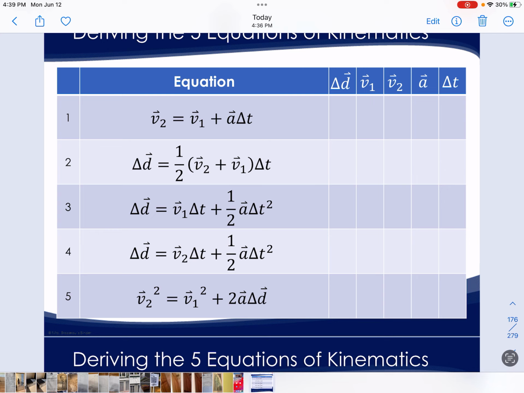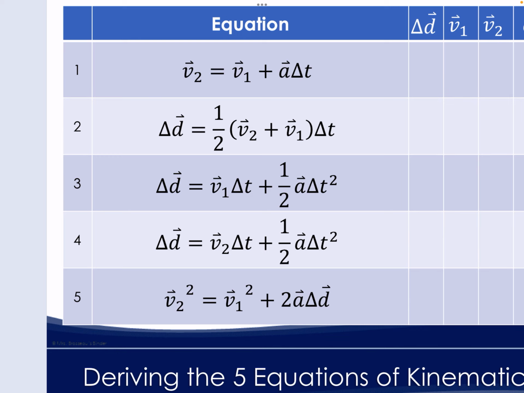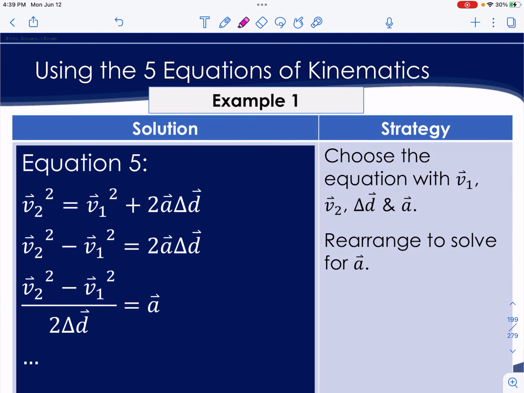Equation 2 has delta T, and we don't have, nor do we need delta T, so that's not one that we want because we're looking for acceleration. Again, 3 has delta T, so we can basically eliminate 1, 2, 3, and 4 because all of those have delta T, and we don't have delta T, nor are we looking for delta T. So we're going to go to the 5th equation. V2 squared is equal to V1 squared plus 2A delta D. So if we go back to Notability, that's the equation that we're going to use right here.